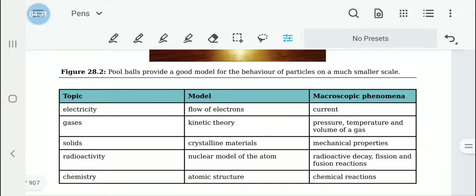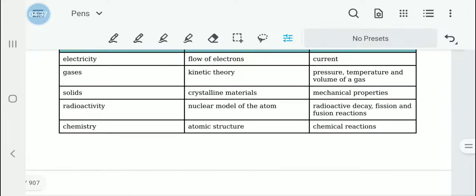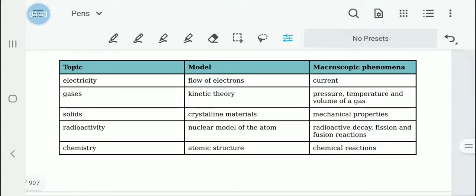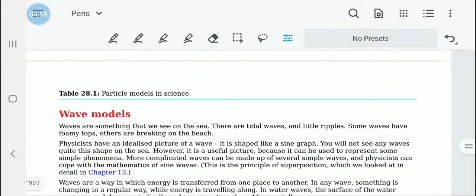For solids, we have crystalline materials as the model, explaining mechanical properties. For radioactivity, we have the nuclear model of the atom, and the macroscopic phenomena that we can explain using that model are radioactive decay, fission, fusion, etc. And in chemistry we have atomic structure, and using atomic structure we can explain atomic chemical bonds and chemical reactions.